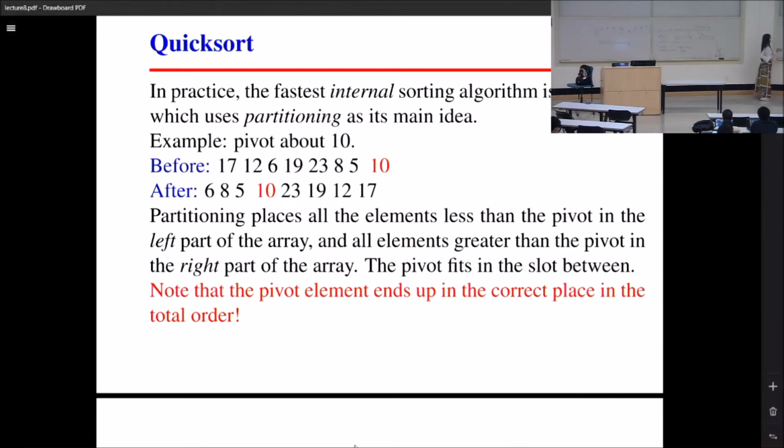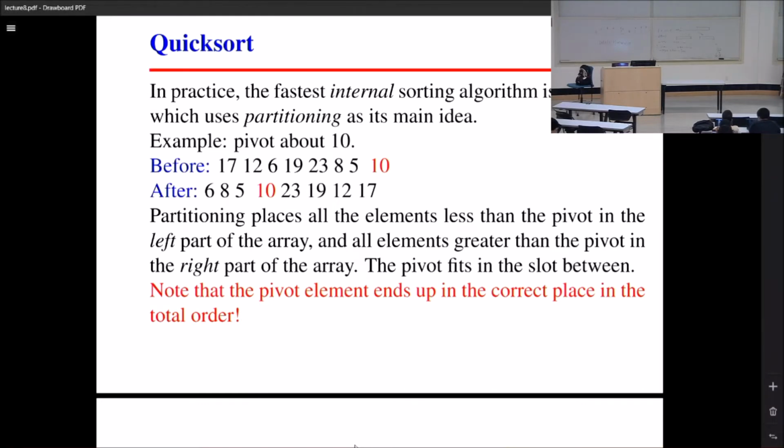The pivot point is the number that you use to sort the array partially. After you place the pivot point in the array, all the elements on the left of the pivot point will be numbers smaller than it, and all the elements on the right will be greater than the pivot point.